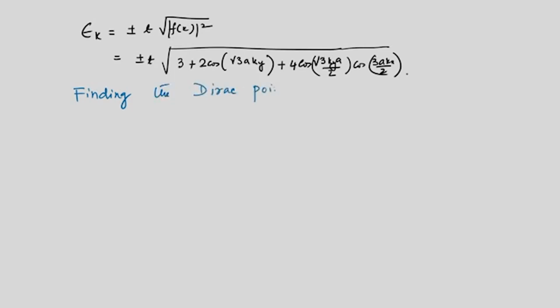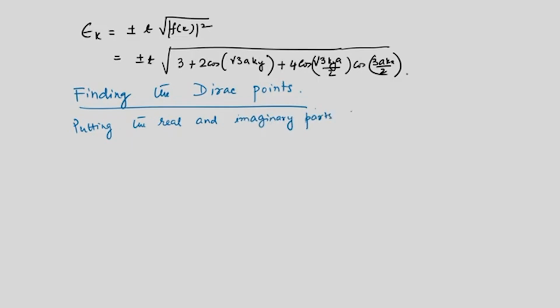Putting the real and imaginary parts to 0, we get two equations, one from the real part and one from the imaginary part, and let us write down these equations as you can check them.